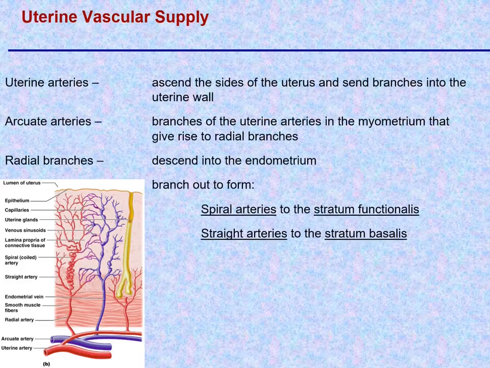So when we look at the wall of the uterus, it has a particular kind of vascular supply that's quite unique.